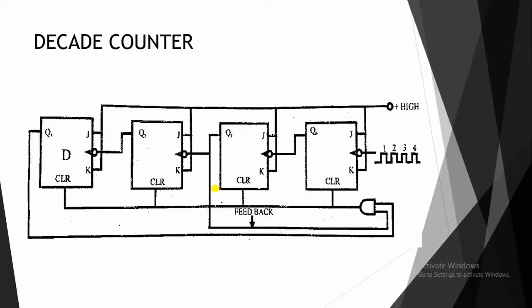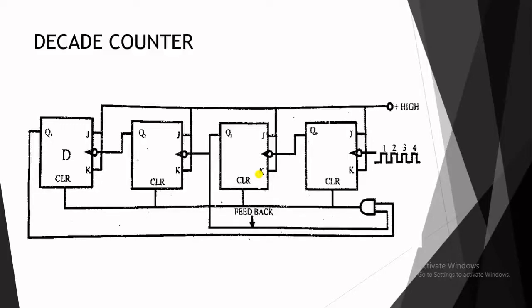When we connect a clock signal input to the counter circuit, the circuit will count a binary sequence. The clock pulses make the circuit count up to 9, meaning from 0000 to 1001.